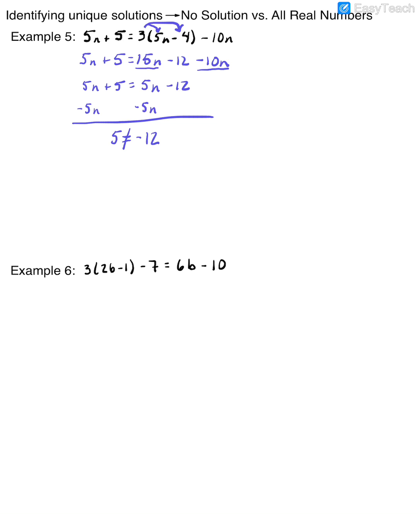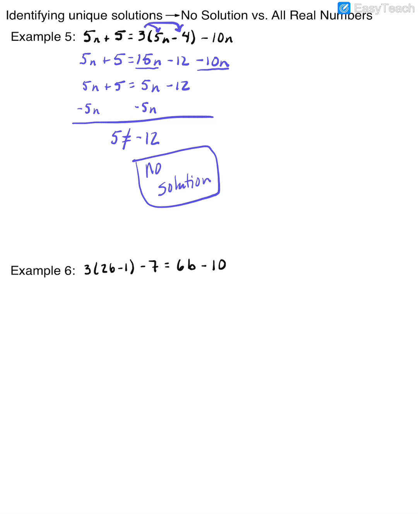So if they're not equal, that means that there is no solution to this problem. And that is my answer. There's no answer. There's nothing that I could plug into the original equation for this to ever work. And that's just how it's going to be, and that's a fine and okay answer sometimes.